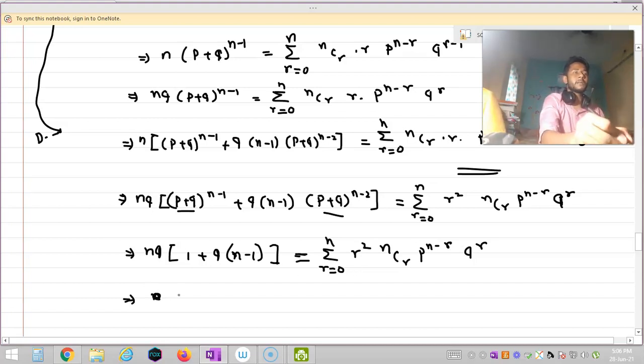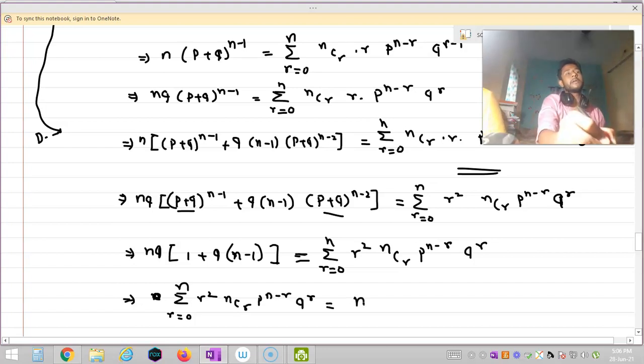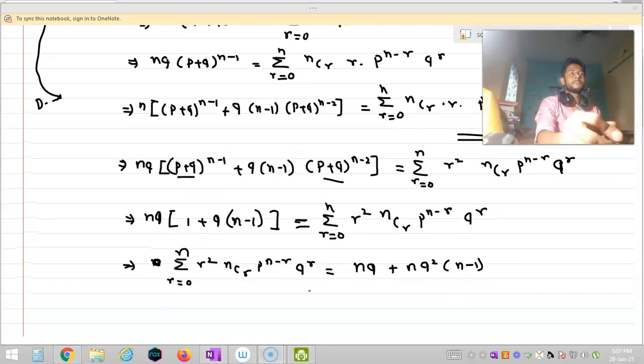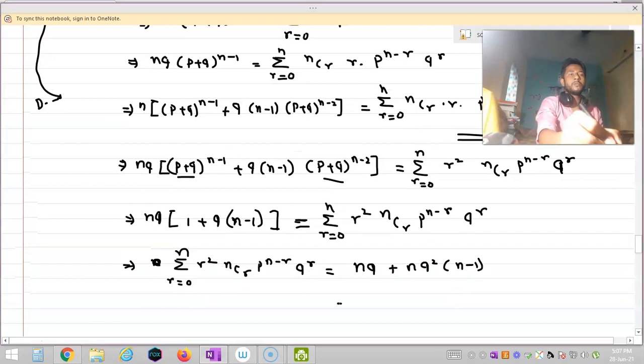I am writing this term on the left hand side. So the summation r = 0 to n of r² nCr p^(n-r) q^r is equal to nq + n(n - 1)q². Taking nq common, I can write it as nq(1 + q(n - 1)), right?